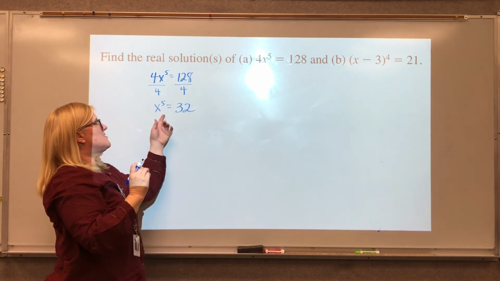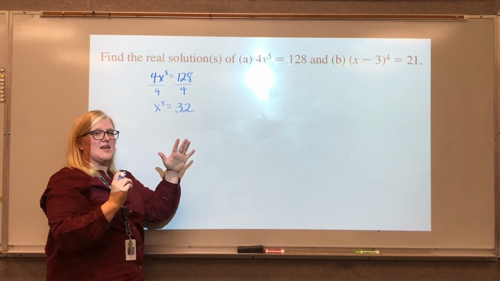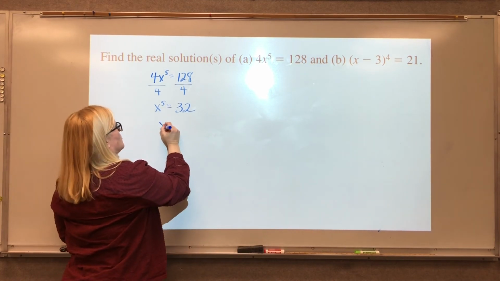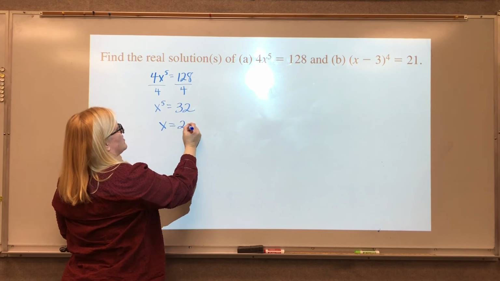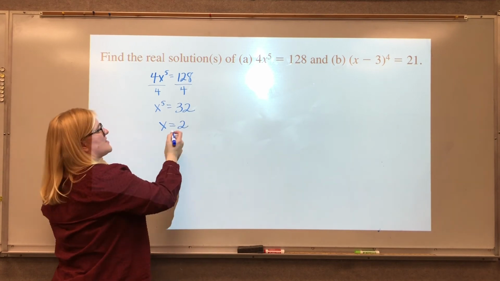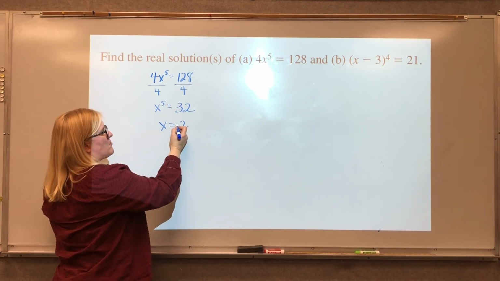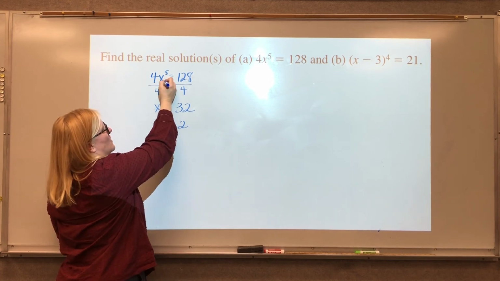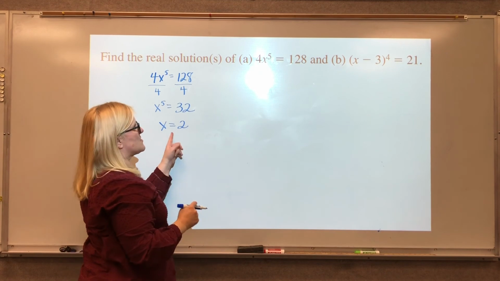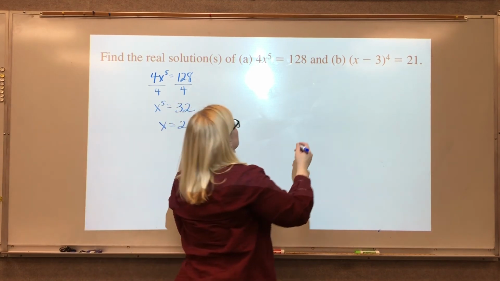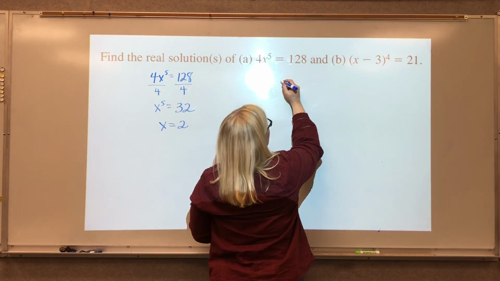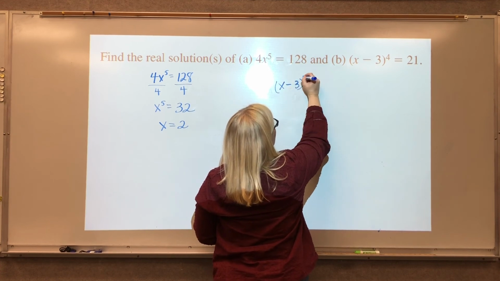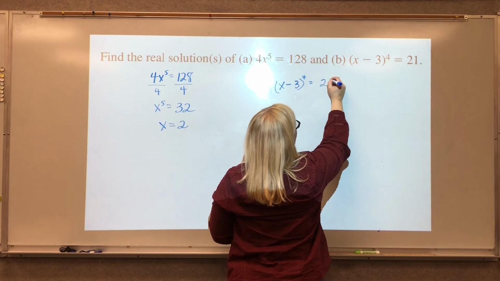Well, what multiplied by itself 5 times gives me 32? 2. So in this case, I have 2 as an answer. Not, we had talked before about plus or minus 2. This can't be a minus 2, otherwise this would be a minus. So it's positive.